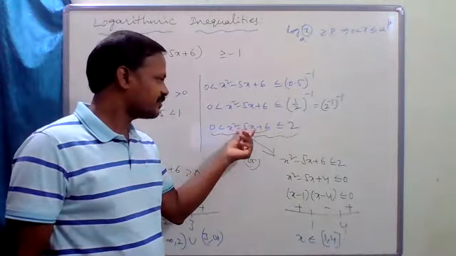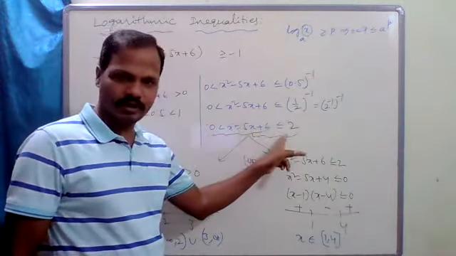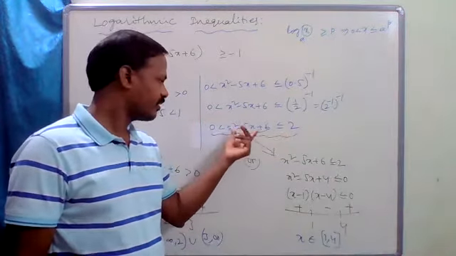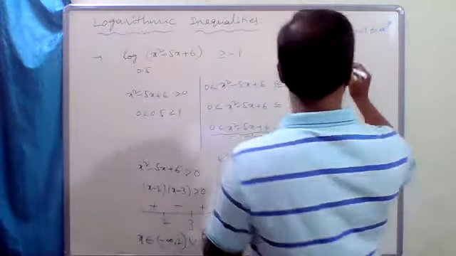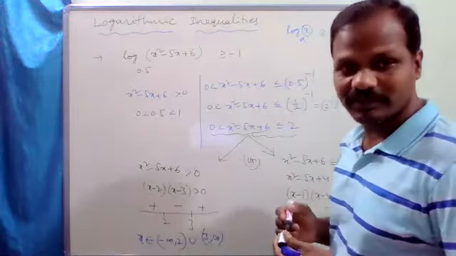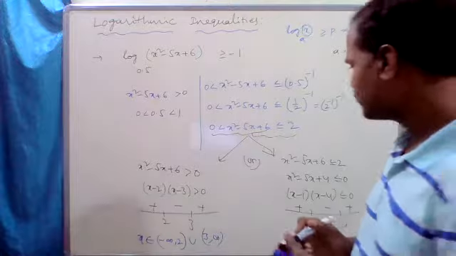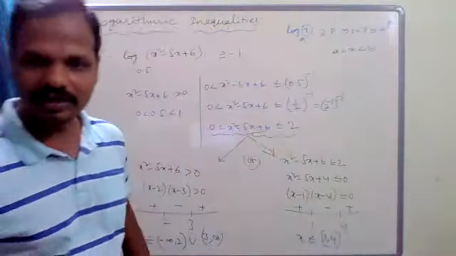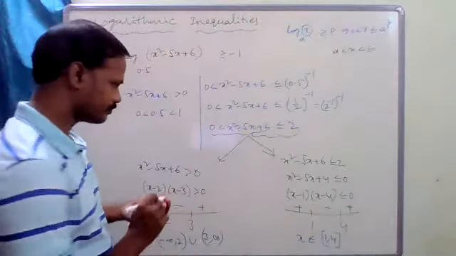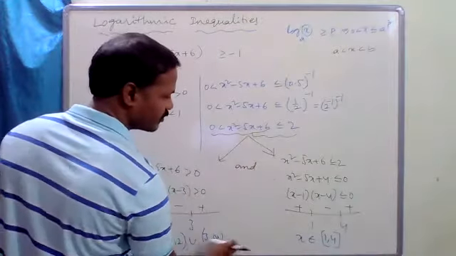See, x square minus 5x plus 6 lies between 0 and 2. See, a less than x less than b means x lies between a and b, a and b, not a or b. So that means you should use and here.